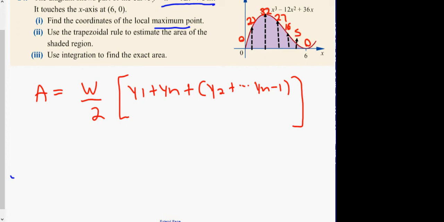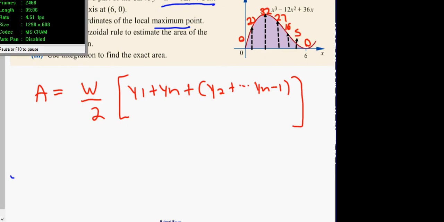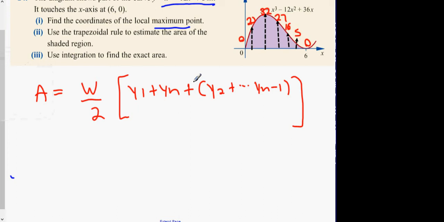Sorry guys, it's 2 times. Here's the way I have remembered it off by heart: first plus last, 2 times remaining. Now, what is the width again, guys? The width is going up in ones. It's the same thing as the step in your calculator. 1 over 2, y1 is 0.